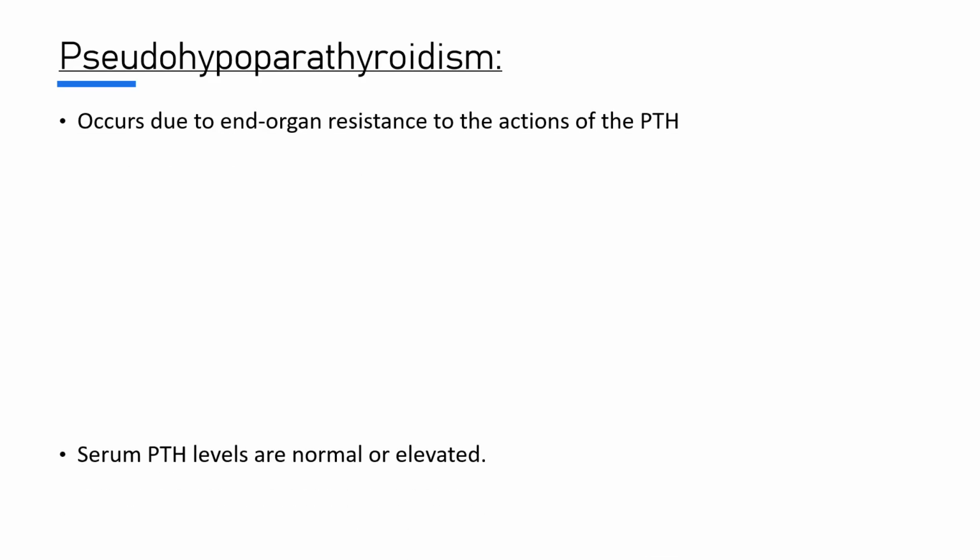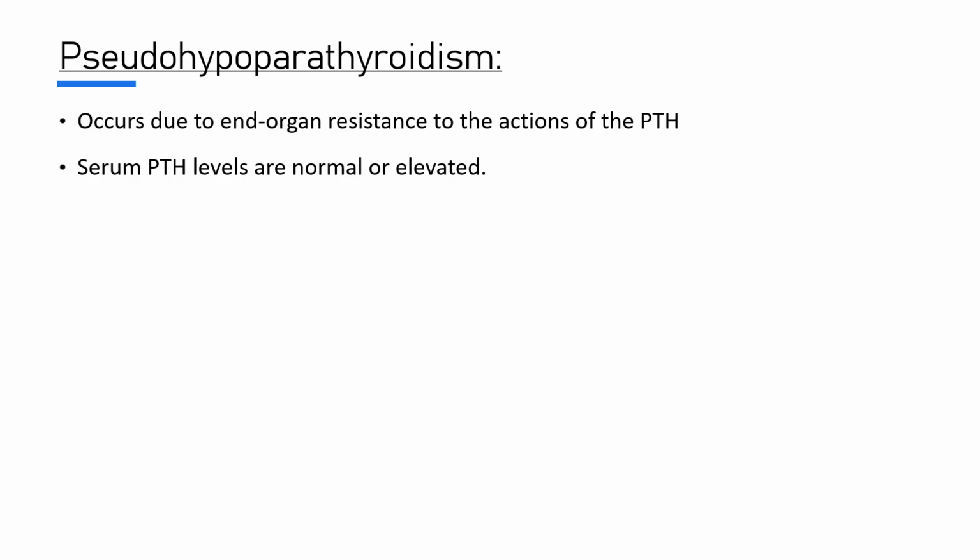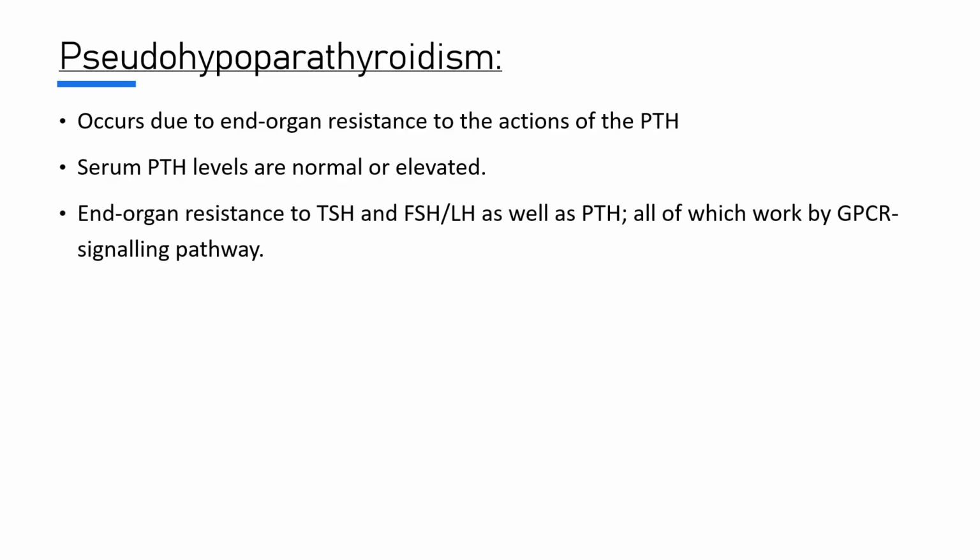And serum parathyroid hormone levels are normal or elevated in pseudohypoparathyroidism, and it may come with resistance to some other hormones as well, like TSH and FSH or LH, as well as parathyroid hormone, which work by the G protein coupled receptor signaling pathway. So resistance may happen in these receptors.